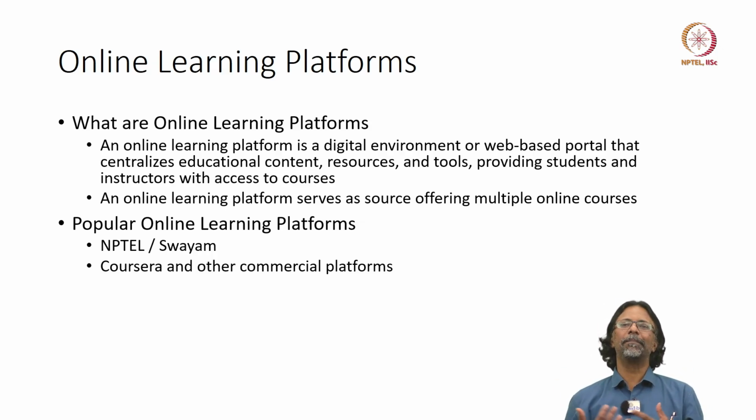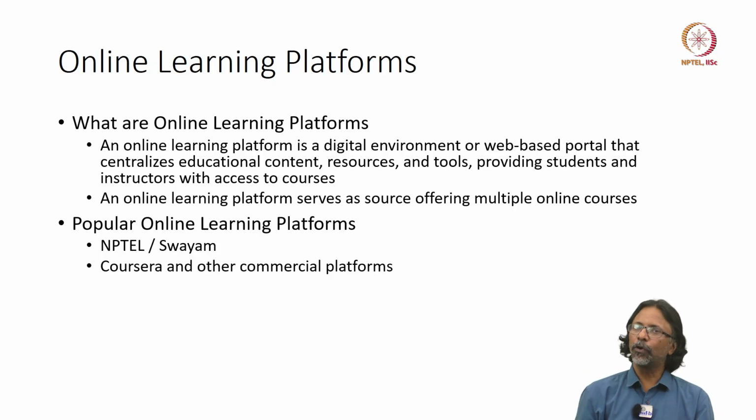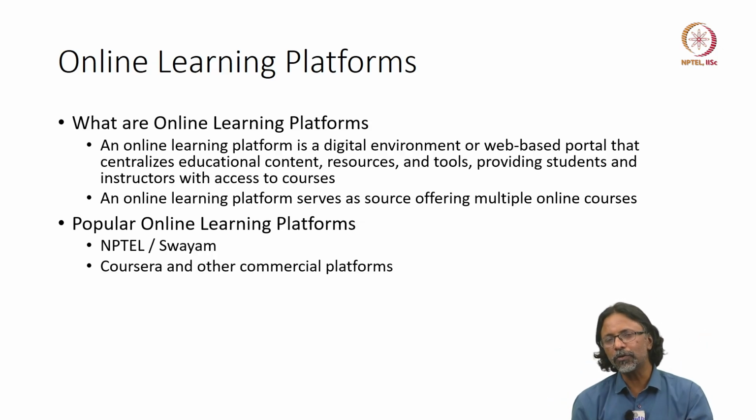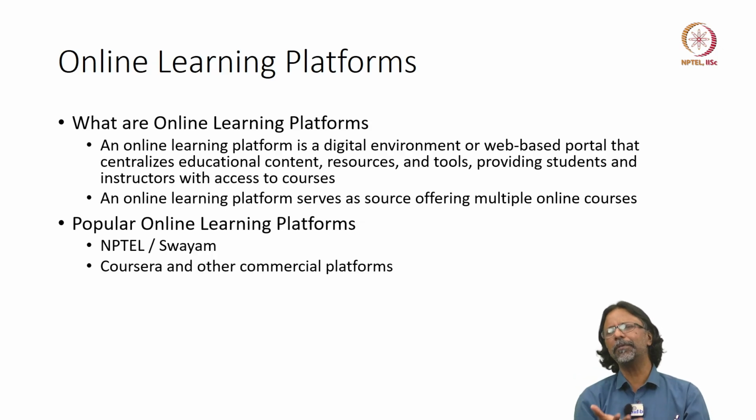Many universities offer courses on that particular platform. So you are free to go through that course, but then they say if you want a certificate to say that you completed this particular course from this particular university, then you'll have to pay, right? The payment will not be very large.